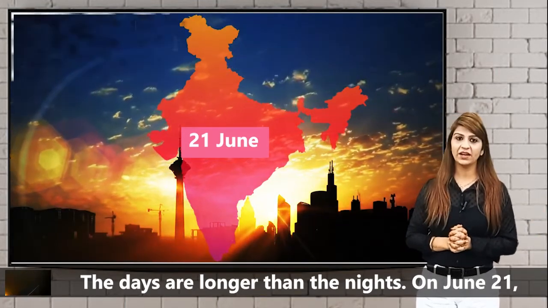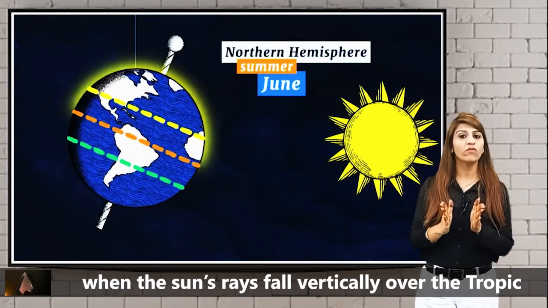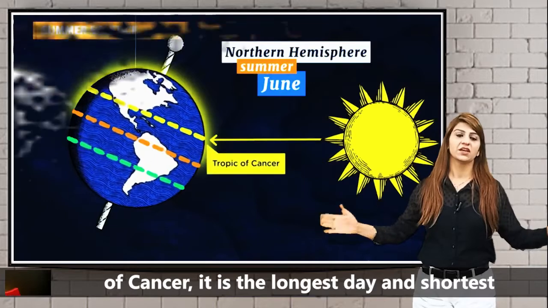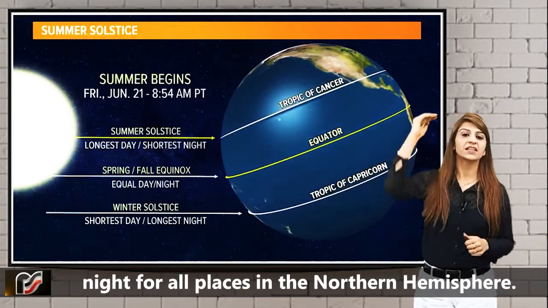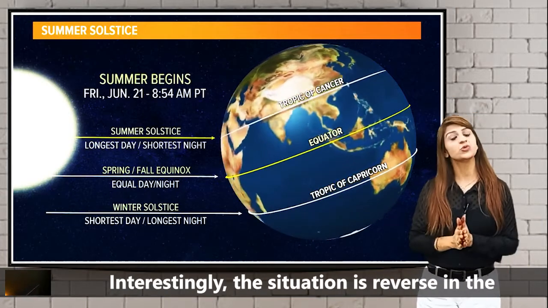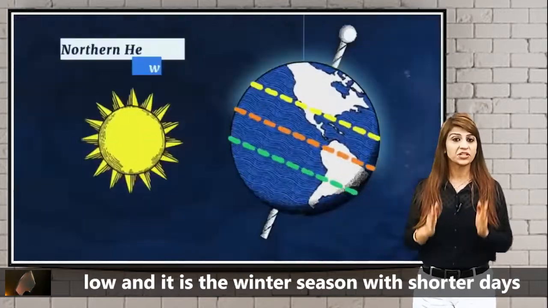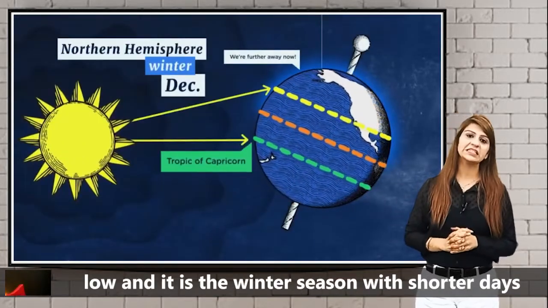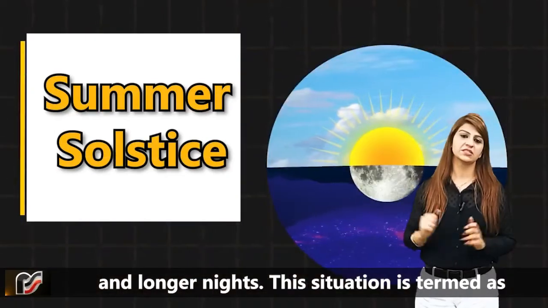On June 21, when the sun's rays fall vertically over the Tropic of Cancer, it is the longest day and shortest night for all places in the northern hemisphere. Interestingly, the situation is reverse in the southern hemisphere, where the temperature is low and it is the winter season with shorter days and longer nights.